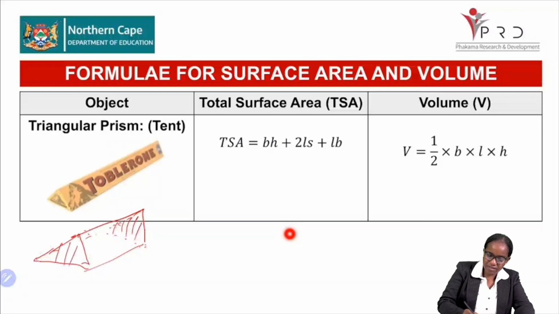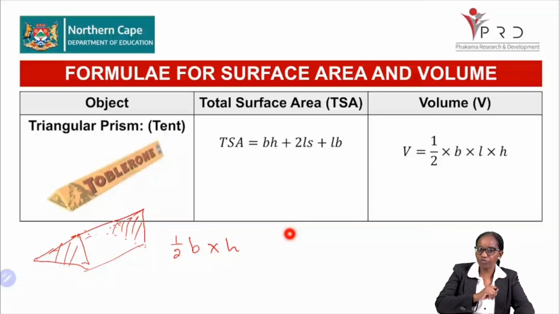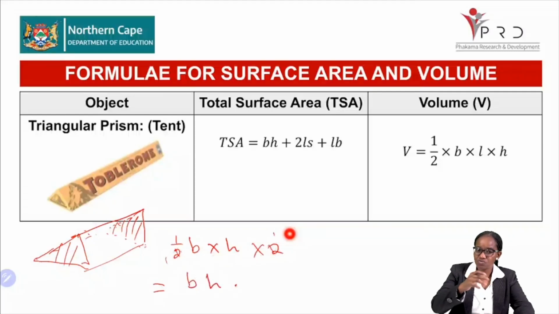The area of a triangle is half the base times height. But there are 2 of them, so when we multiply by 2, the 2 cancels the half, and we remain with base times height. So the 2 triangular faces give us the area of base times height.